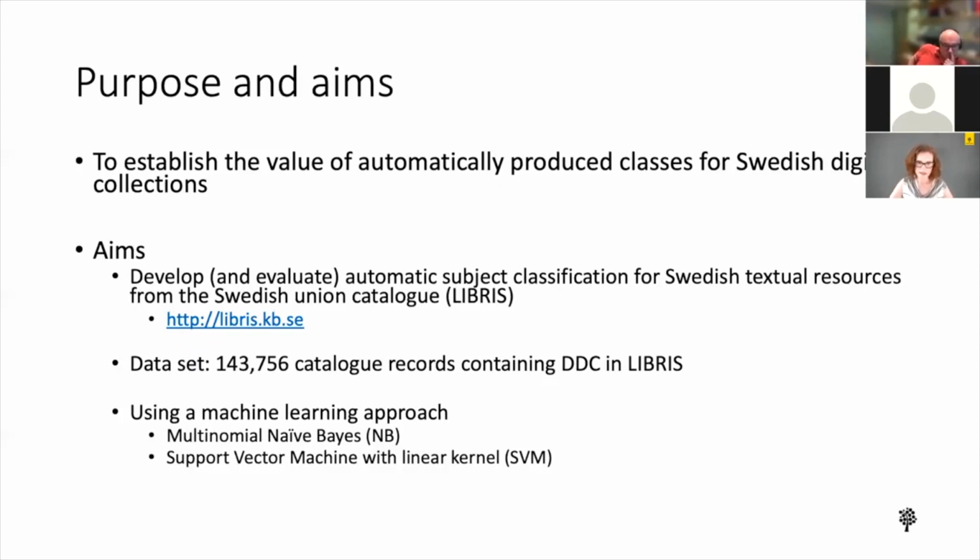That was done in 2018, and we're still working on it, unfortunately, so we don't have the results to present for you today. And here we used the most common approach to text categorization, and that's supervised machine learning. Specifically, two algorithms were applied, naive Bayes and support vector machine.